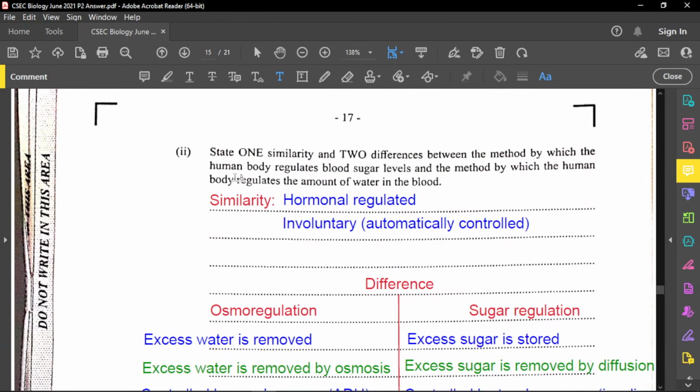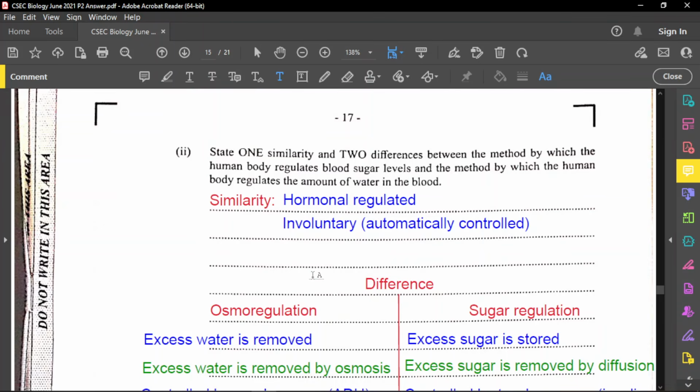All right, and so the next part here is to state one similarity and two differences between the method by which the human body regulates blood sugar levels and the method by which the human body regulates the amount of water in the blood. So here we're talking about two different processes: control of water and regulation of sugar.